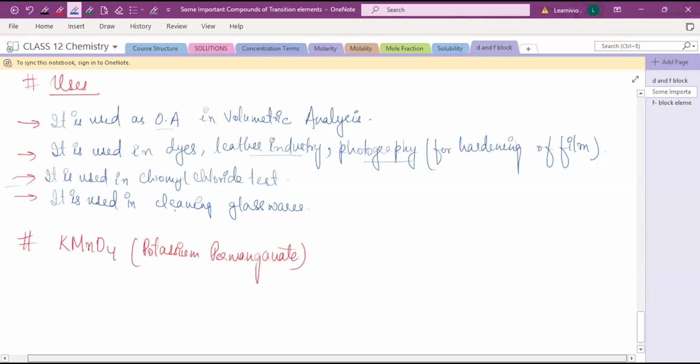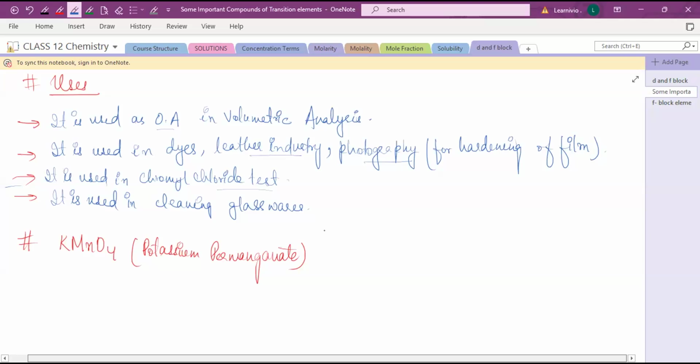Third application is that it is used in the chromyl chloride test. Have you heard this test earlier? Chromyl chloride test. In organic chemistry, it is an analytical method used to detect the presence of chloride ion, Cl minus, in any sample. Here potassium dichromate is used, and concentrated sulfuric acid, which produces orange or reddish fumes of chromyl chloride.